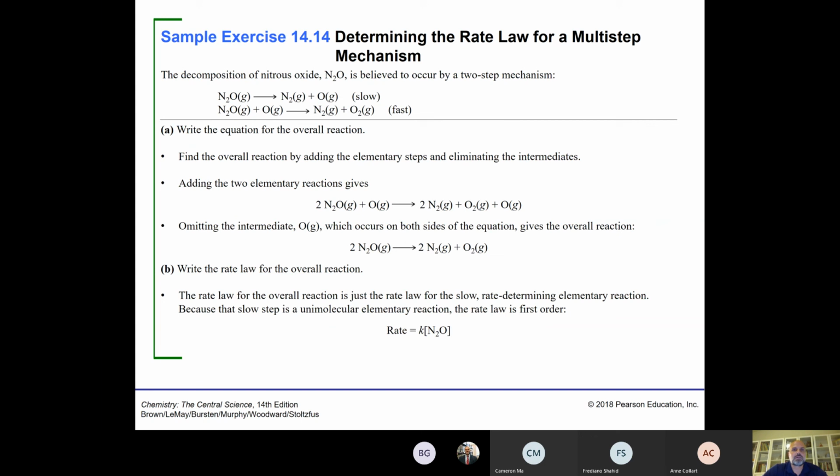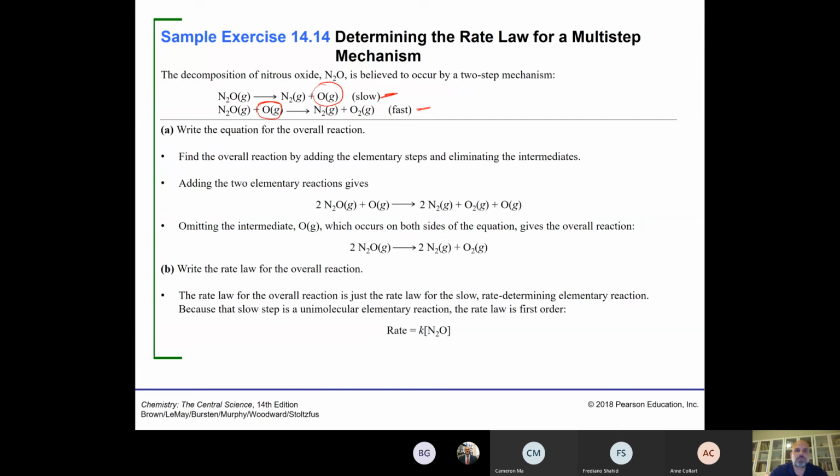All right. So in this particular example, our slow step is the first one, and our fast step is the second one. Neither of them is in equilibrium, so it doesn't make a difference. Because the first one is slow, the product formed in the first step, in this case oxygen, is then consumed very rapidly in the second step.